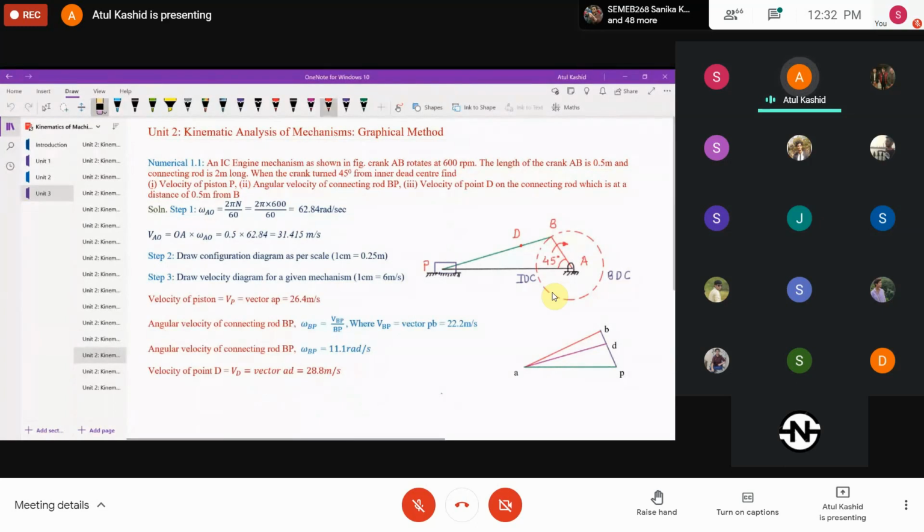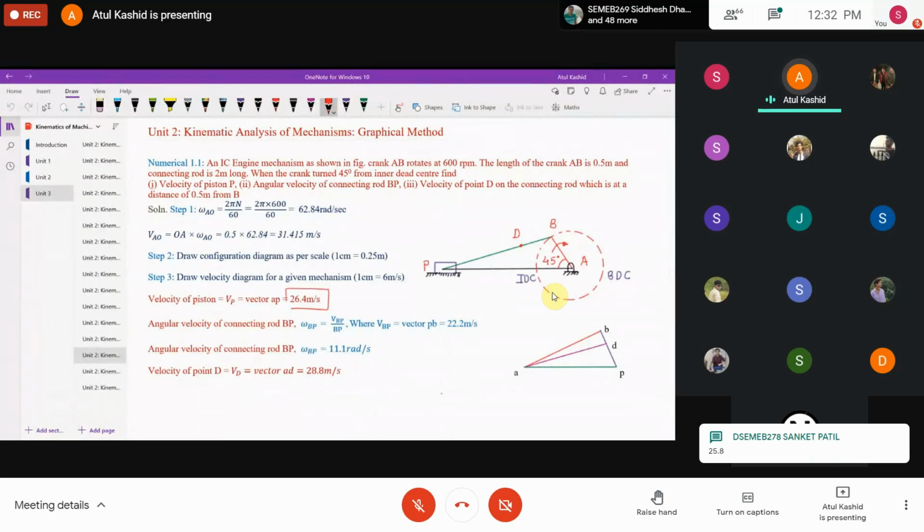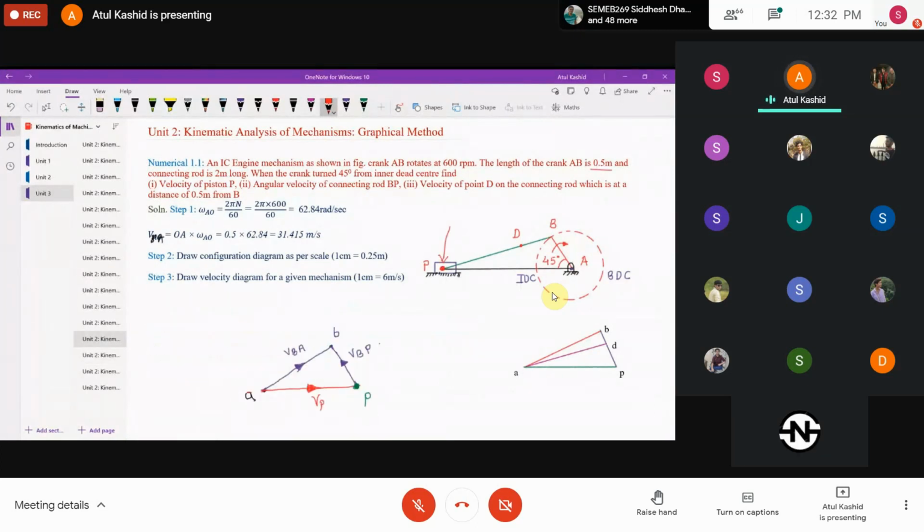So the answer is, the velocity is 26.4 meter per second. So the velocity of P is 26.4 meter per second. This is our first answer, right? What is the second one? They are asking about the angular velocity of the connecting rod BP. How to write this angular velocity?